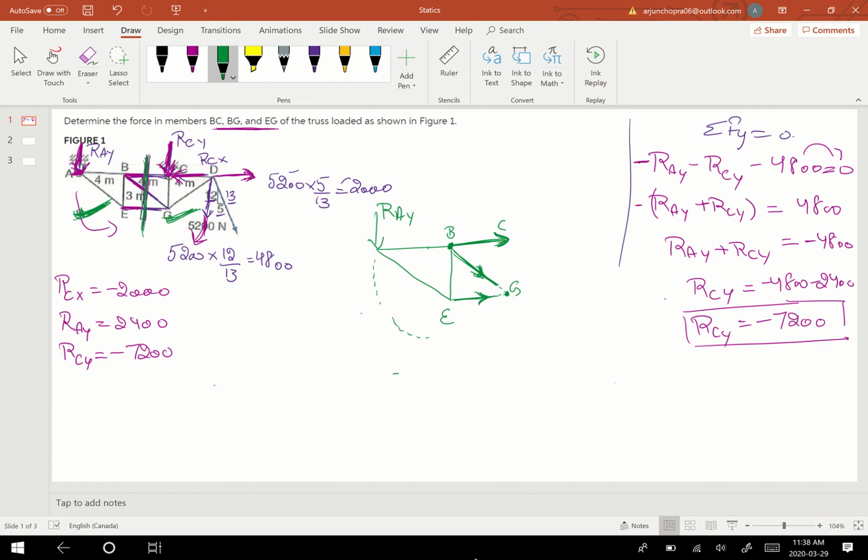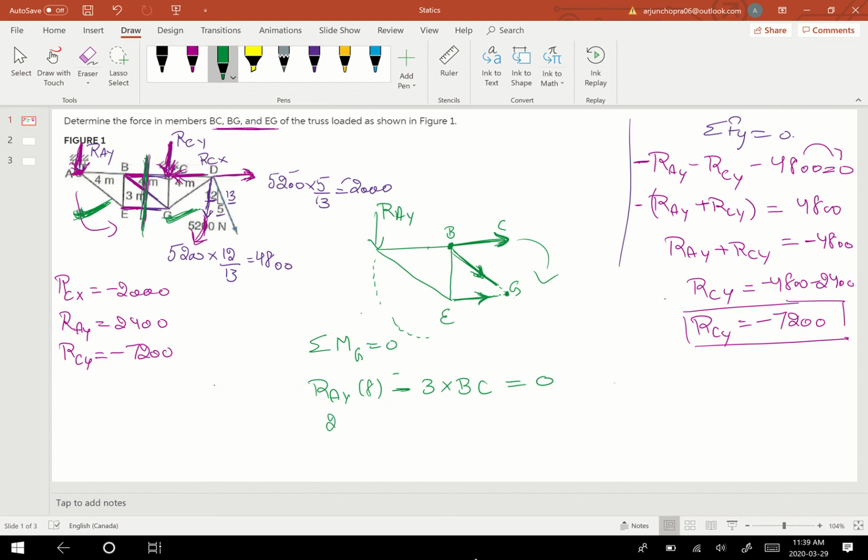So let's write down the equation. Taking moment, sigma M_G equal to 0, about point G. RAY times the perpendicular distance 8 is counterclockwise, and BC is trying to rotate it in which direction? Clockwise. So minus 3 times BC, where 3 is the perpendicular distance, equal to 0.